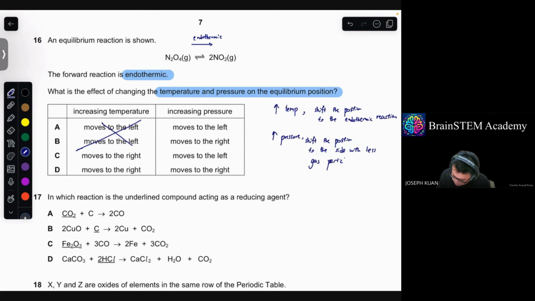This equation tells us that there is only one gas particle on the left and two gas particles on the right. So it should be moving towards the left hand side. Right. So it should be C.